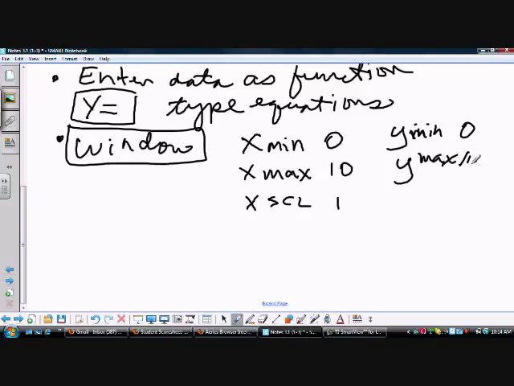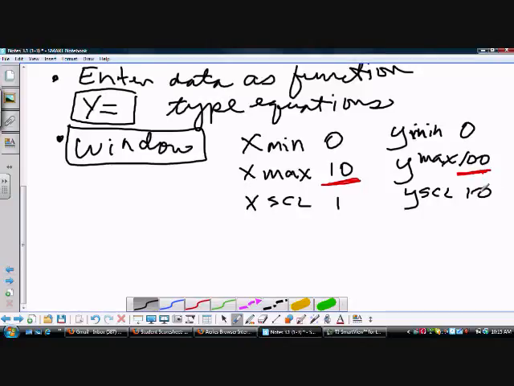So we chose 100, but when you're doing these problems on your own, these are the two numbers that you're going to have to play with, the maxes. Then you hit the graph button and edit those values a little bit until you actually see the two lines intersect. And the Y scale we set to 10, but it doesn't really matter what you set the Y scale at.